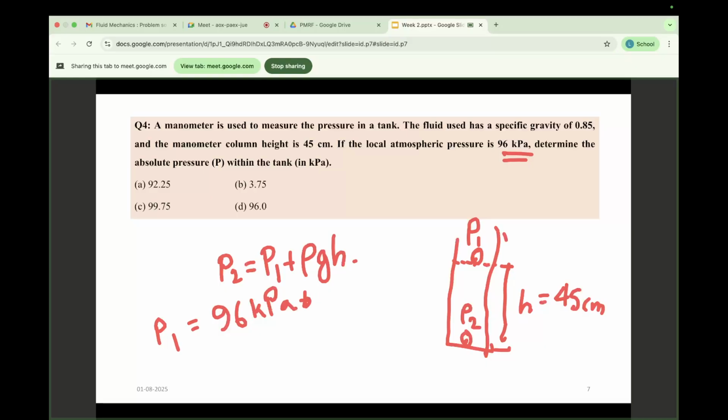So if I convert this into 96 Pascal, and rho gh, rho is, the fluid is not water because its specific gravity is given as 0.85.